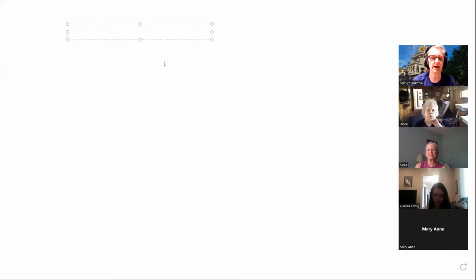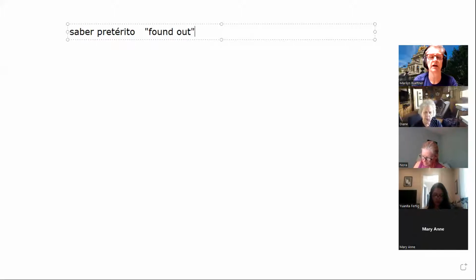So, saber en pretérito really definitely changes the meaning. It means found out, that somebody, boom, wow. And to boot, saber is irregular.